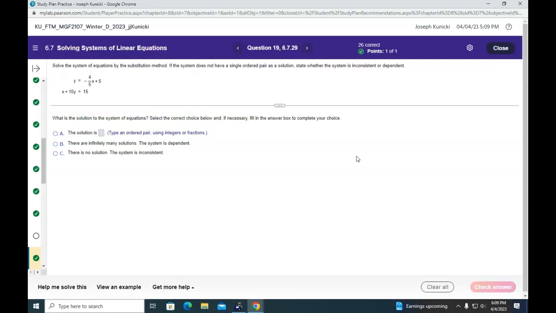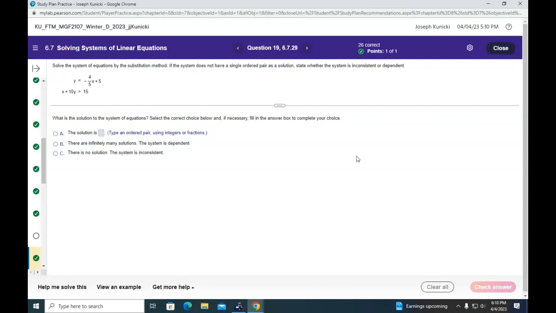So if I write it, I'll just get rid of the y's. So I have x plus 10 times y, and y is -4/5 x plus 5, equals 15. So x plus 10y equals 15. So now I've eliminated the y's by substitution. So now I just have to distribute this.